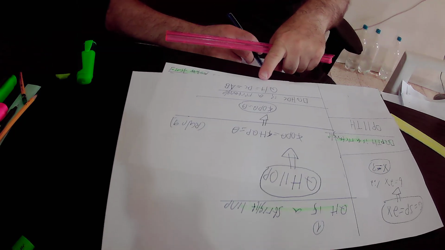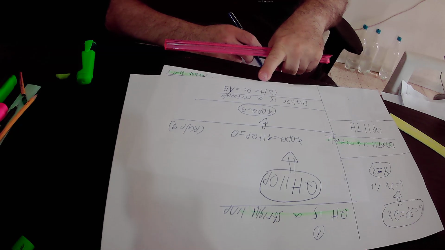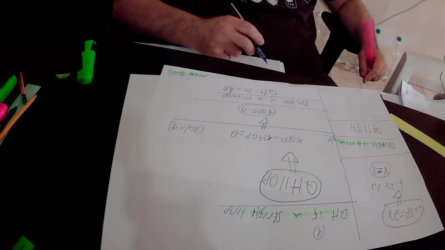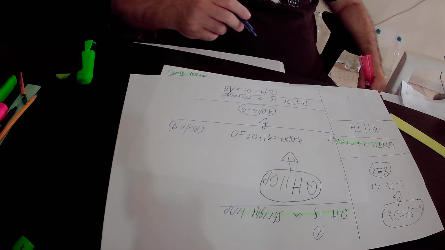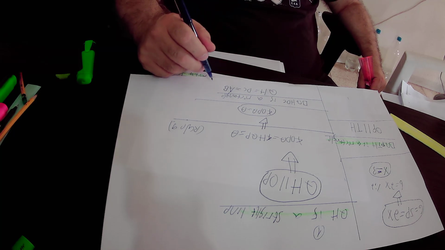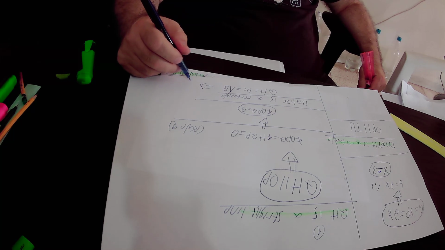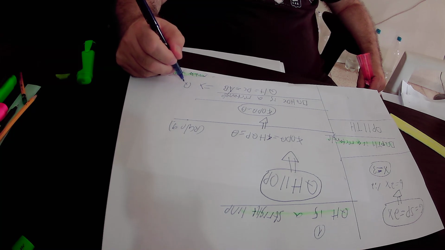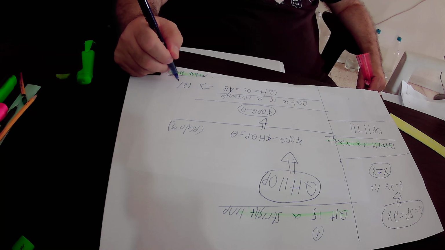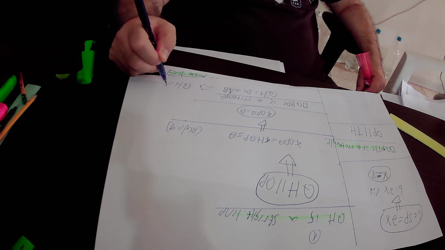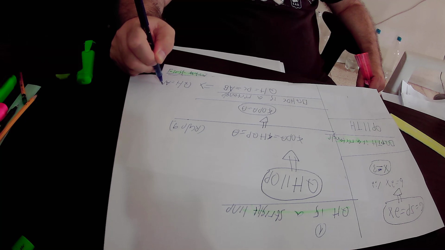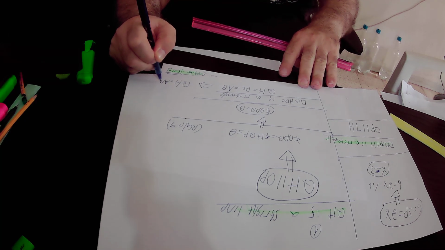And from this equation, QH equals DC equals AB, we will derive that QH is equal to AB.